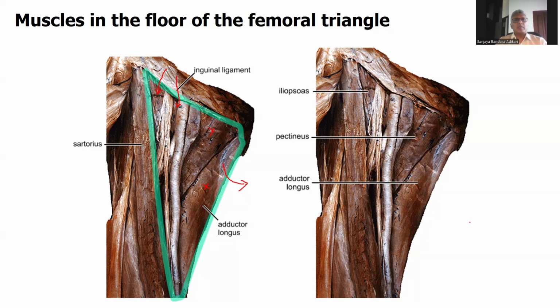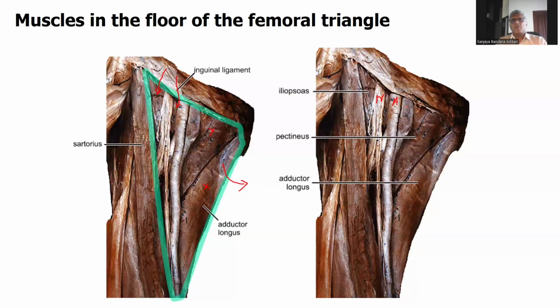So the other important thing, it's there somewhere in one slide, you can see another important relationship here. Now, the femoral nerve, this is the femoral nerve, it lies over the iliacus muscle. Okay. Femoral artery lies over the psoas tendon.